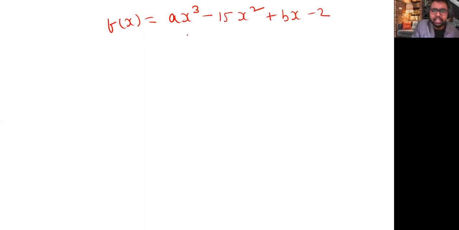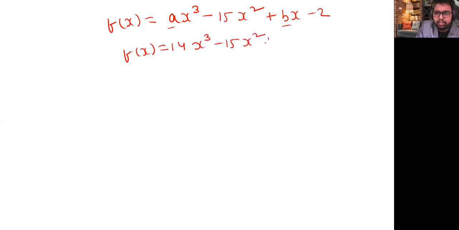This was my function. Here a and b were hidden, but right now I know a is 14, so I can rewrite this function as 14x cube minus 15x square plus 8x, because I know b is equal to 8, and minus 2, like this.